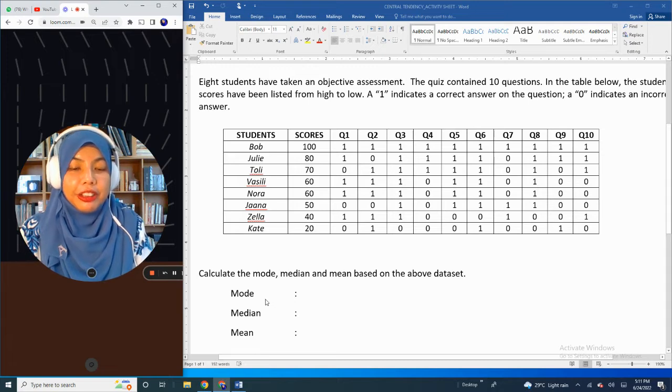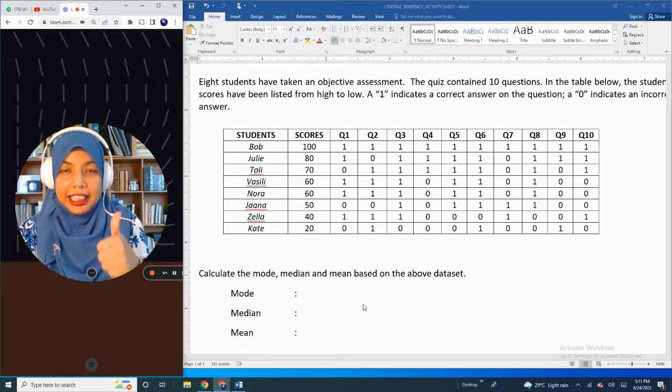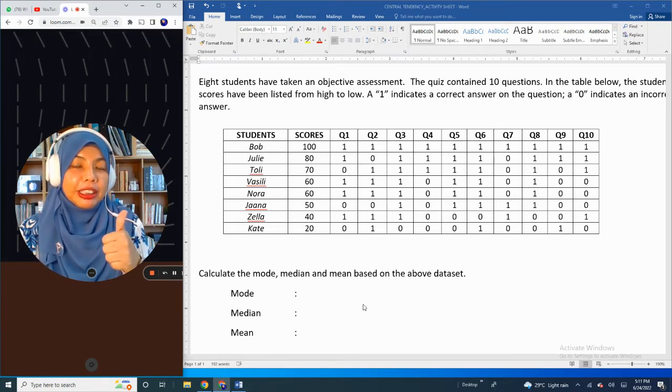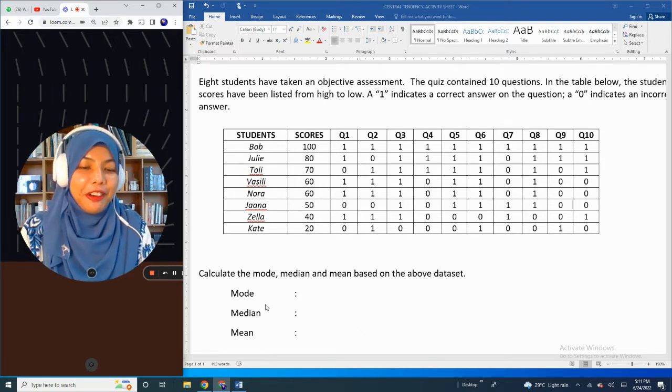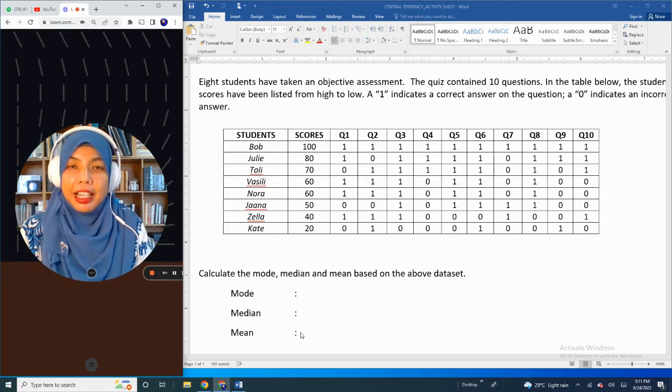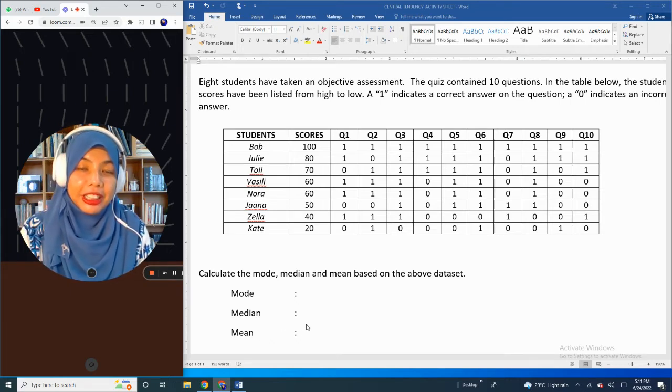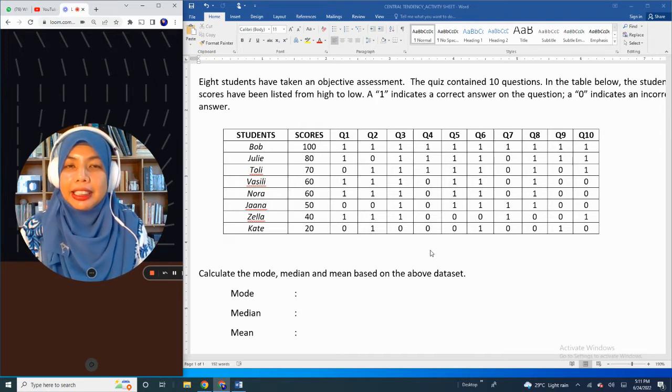If you still remember, mode is the most frequent score, median is the middle score, and mean is the average score. Of the three, mean is the most reliable because we have to find the average. In doing so, we have to total up and divide by a certain value.